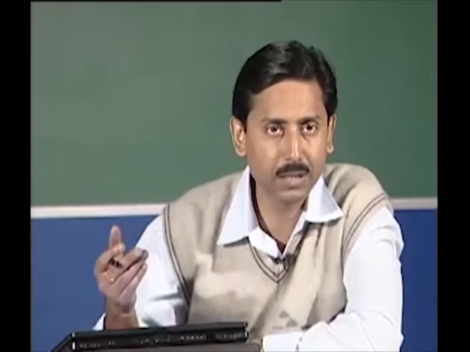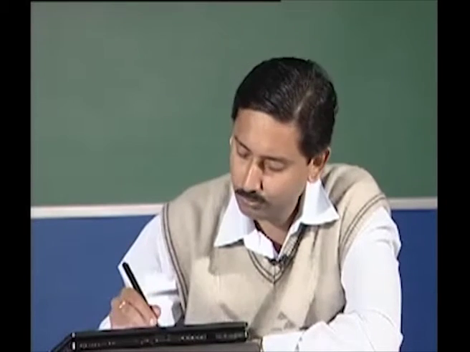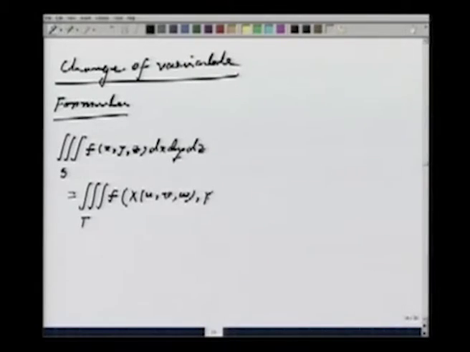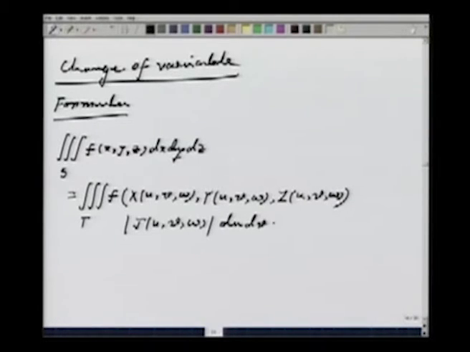Here everything is going to be a function of three variables because I am in space. So the extra variable is w.